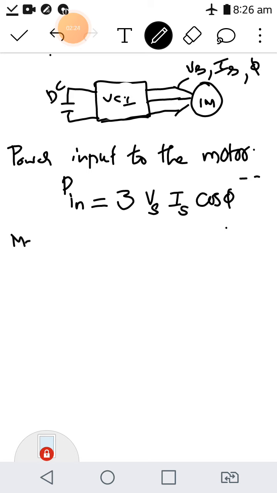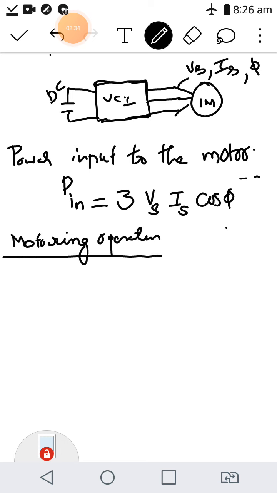During motoring operation, which means the normal operation, the DC is converted to AC by this VSI, and this AC is fed to the induction motor, and the induction motor works as a normal motor. During motoring operation, the angle phi is always less than 90 degrees, which means P in is always positive.